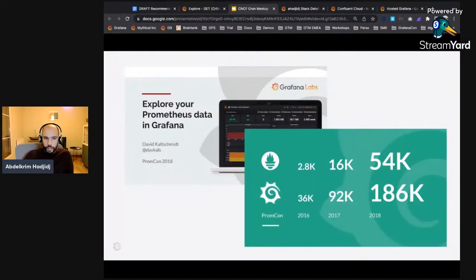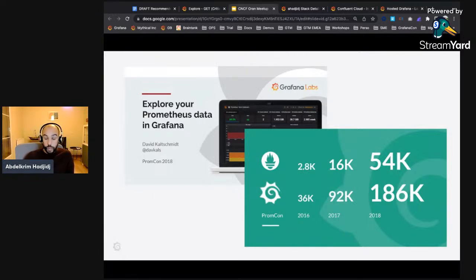So in the past, being Grafana, we have more than 10 million users of Grafana. We have more than 1 million instances in open source deployed all over the world. And starting in 2016, 17, 18, we started seeing that Prometheus became the standard for monitoring Kubernetes and cloud native.